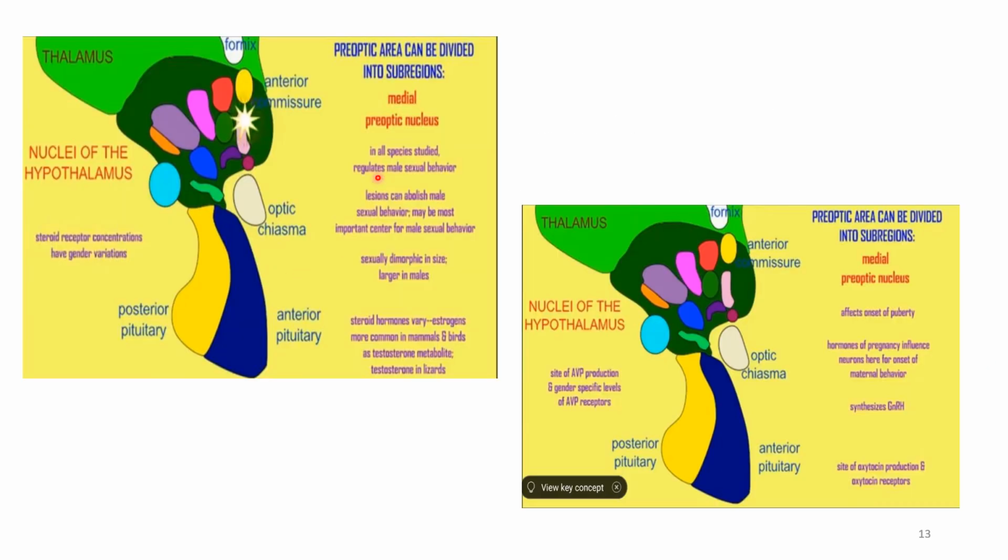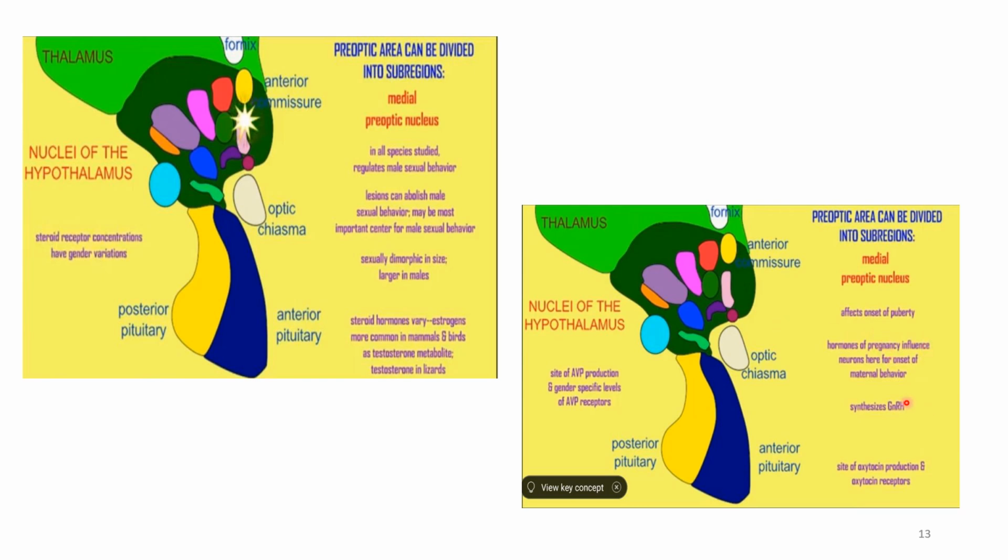Here you can see preoptic area divided into two subregions. You already know medial preoptic nucleus and area. In all species which have been studied, it regulates the male sexual behavior. Lesions in this area can abolish the male sexual behavior. It is also sexually dimorphic in size, that is larger in males. And it affects the onset of puberty.